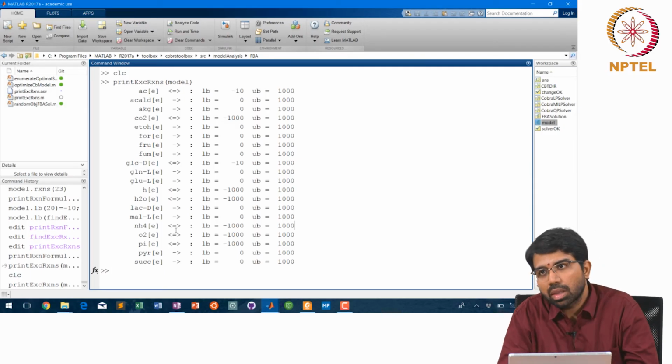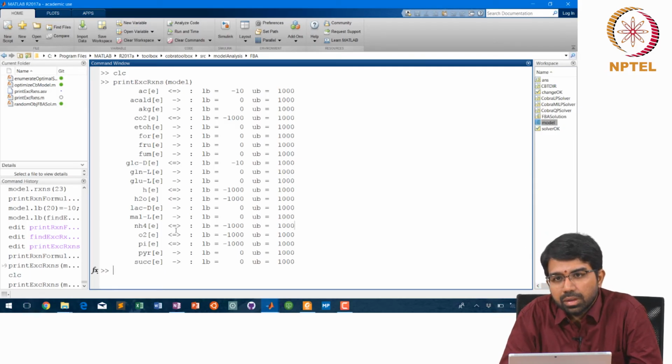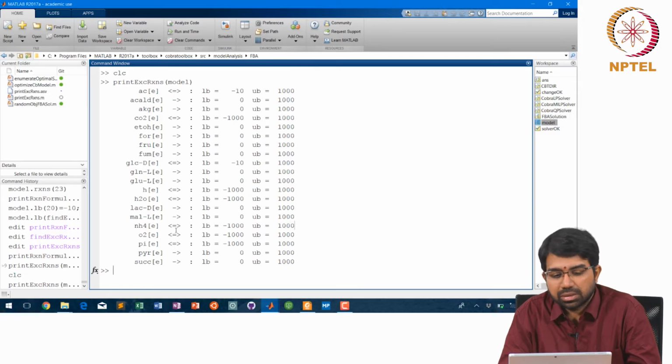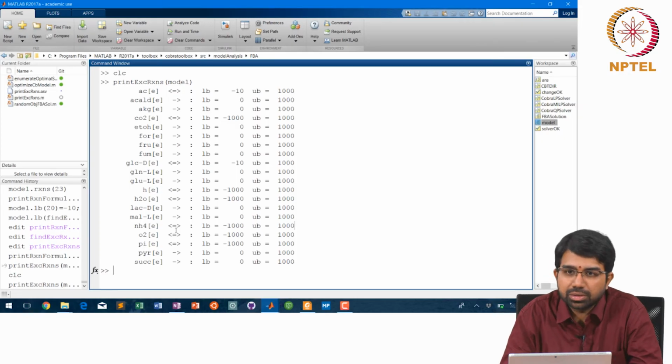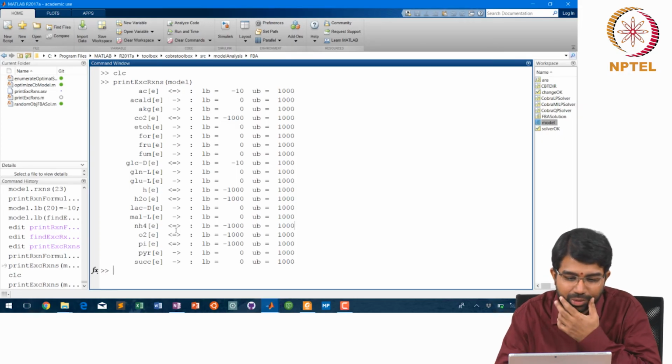If you increase the concentration of the excess reactant and then you run it, it shouldn't change the final answer. The limiting reactant will be the same. If you increase the LB of an excess reactant, it shouldn't change, right. And in fact, here you will find that, right.